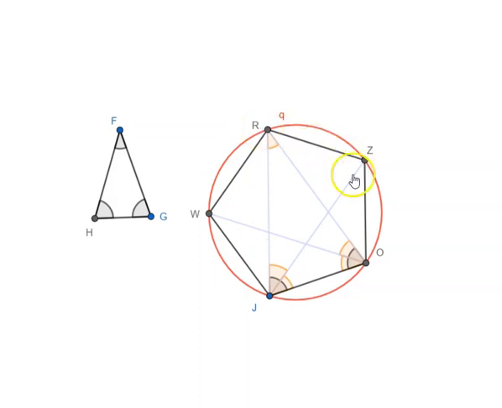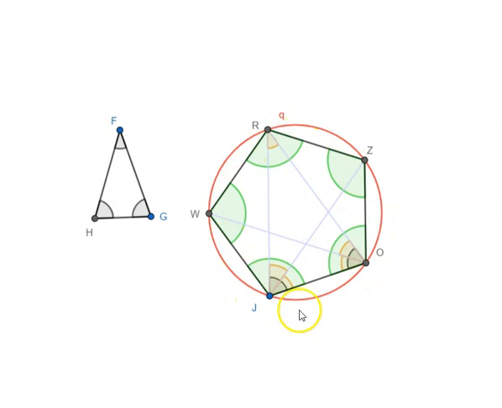Because that stands on ZOJW. So that means angle RZO, let's mark that, is equal to WRZ. Now we can repeat the same logic for all the other angles, and we will end up with a situation where we can say that all these interior angles are equal to each other.